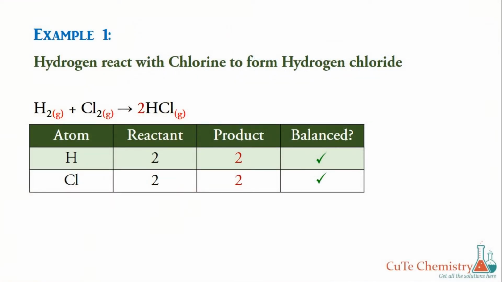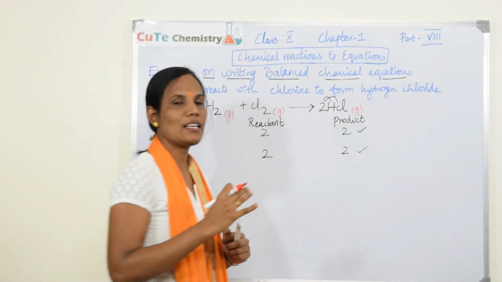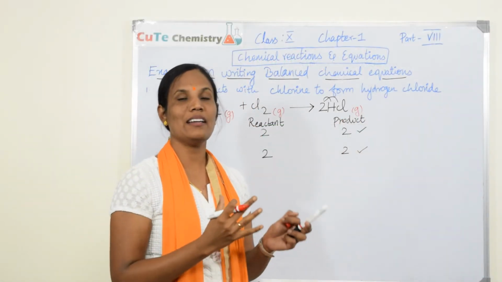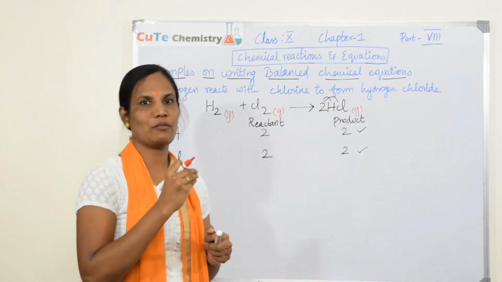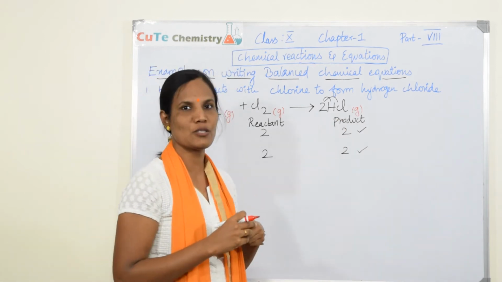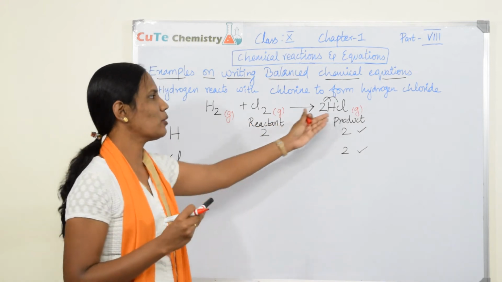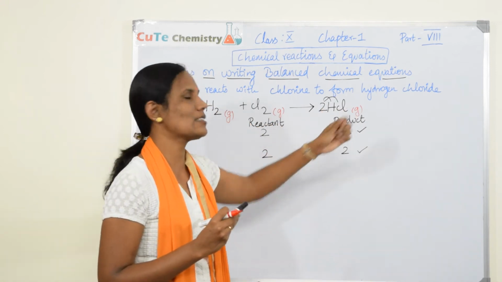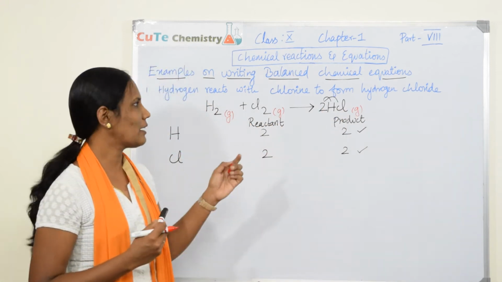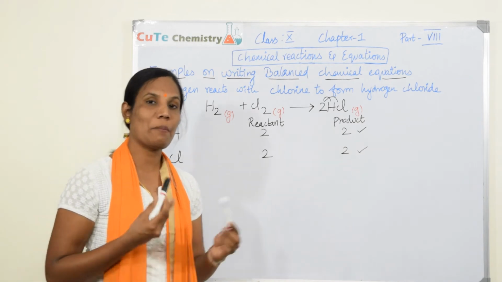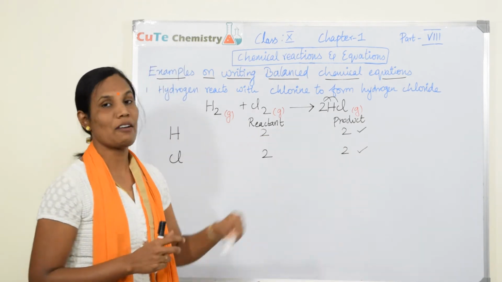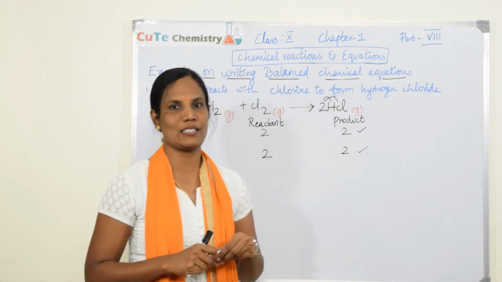Hydrogen chloride is also a gas only. If it is given as hydrochloric acid, then it will be in liquid form, but here it is in gaseous form. So two gases combine to produce another gas. That gas is hydrogen chloride gas. Now the equation is more informative after balancing the equation and adding the physical states of the reaction.